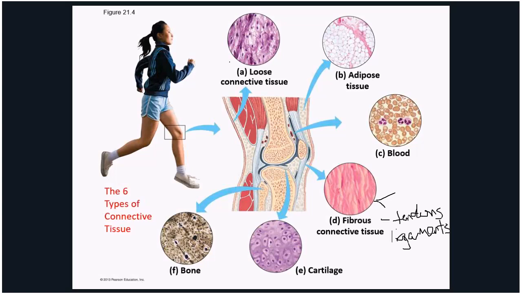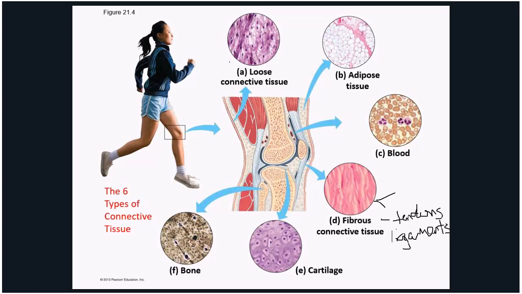Cartilage also acts as a cushion or connects two bones together. For example, you'd have some between the bones in your knee. You'll often hear people talking about having damaged cartilage, like if they play sports. And cartilage heals very slowly because it doesn't have a great blood supply, so it doesn't get a lot of oxygen and nutrients.